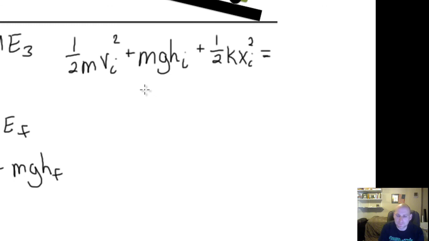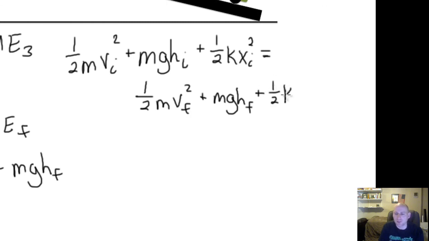So down here I'll write 1/2 my mass times my final velocity squared plus my mass times the acceleration of gravity times my final height plus 1/2 my spring constant times my final compression squared. All right, and that finishes off the equation that we are going to be using for this section.